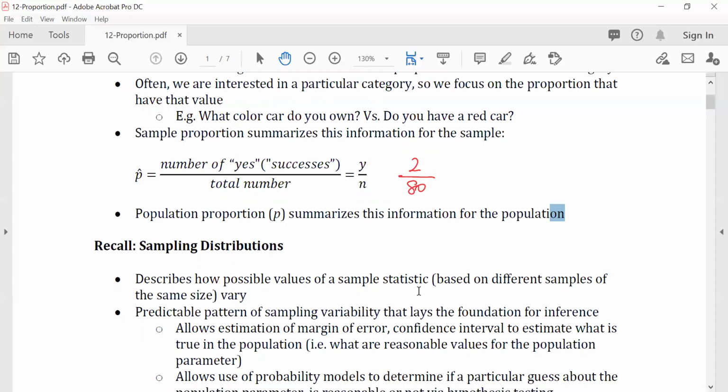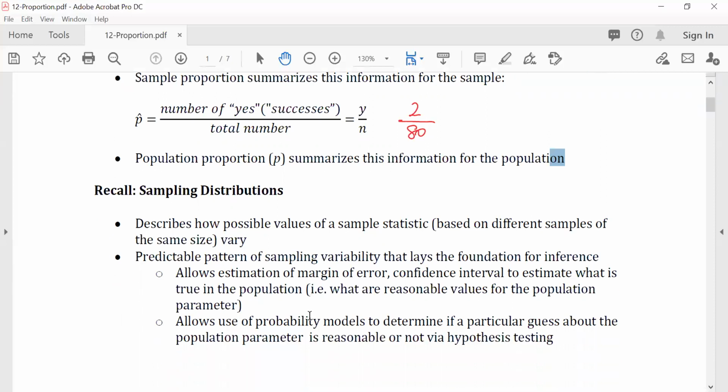All those sample means put together will form a distribution that is called the sampling distribution of the sample mean. Same idea here, we can find out the sampling distribution of the sample proportion.